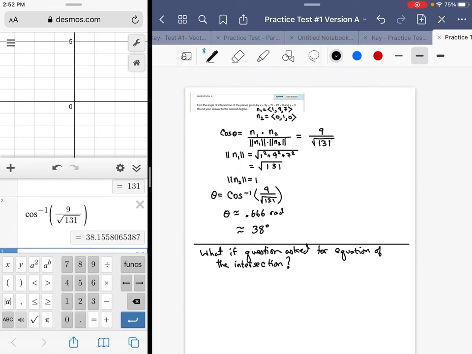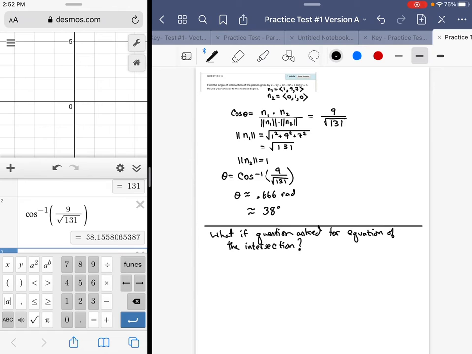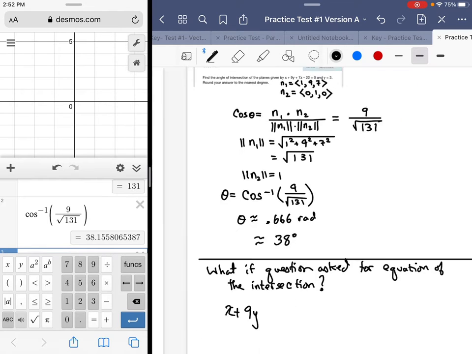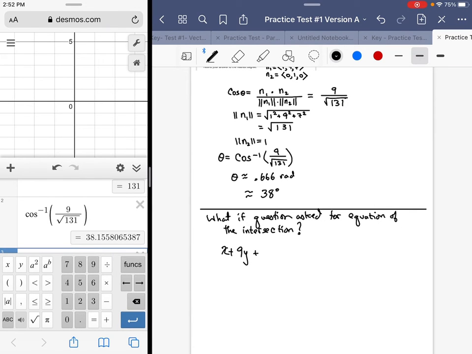We would go back to our original, x plus 9y plus 7z equals 22, and y equals 3.